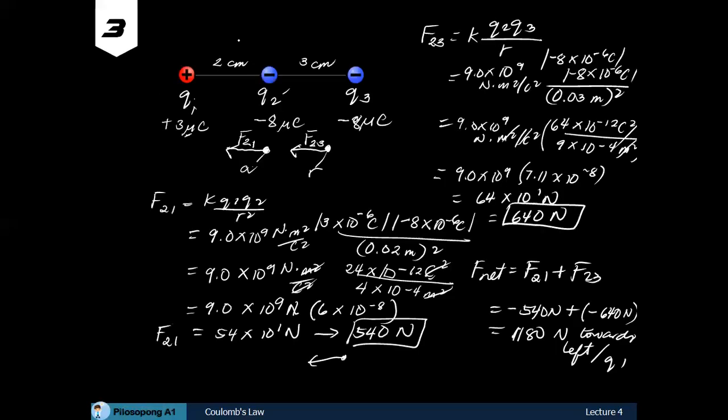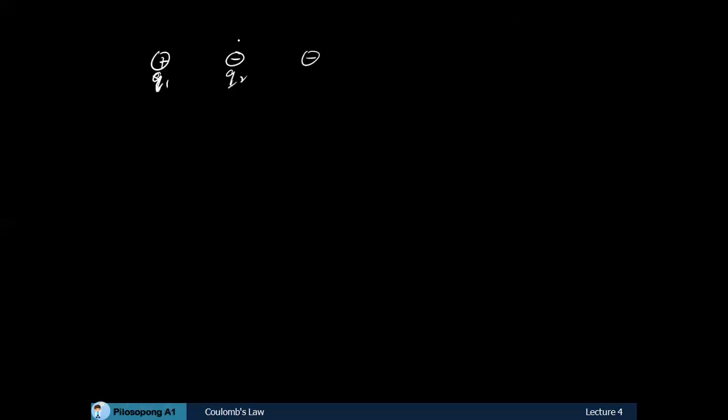So we are to practice computing for the net force in Q1, imagining that these are interacting already. So Q2 puts an attractive force to Q1, and that is directed to the right. This is force 1 due to 2.